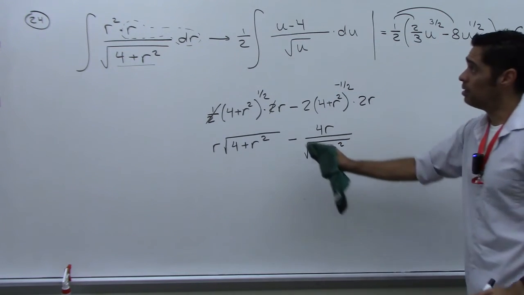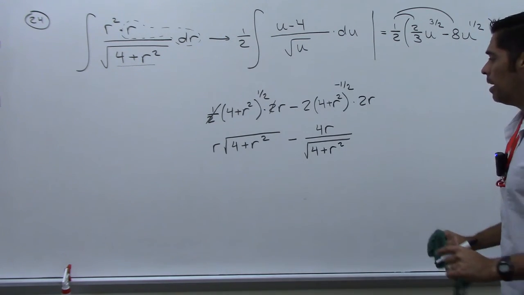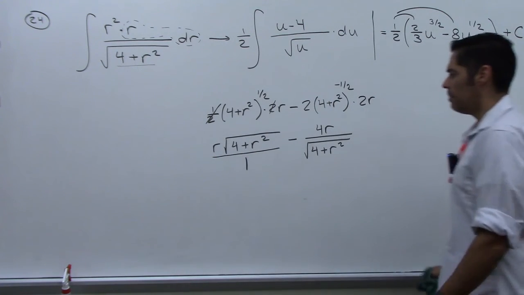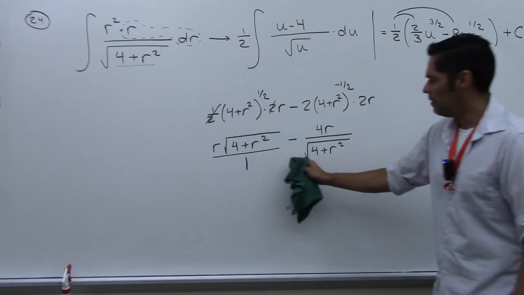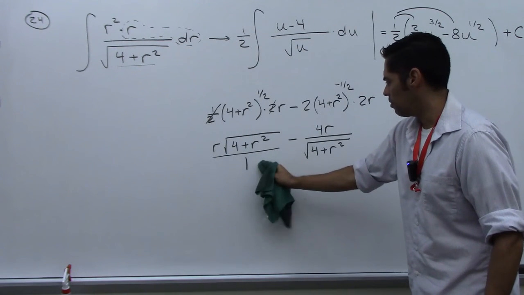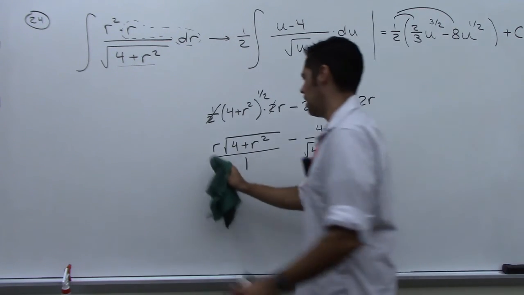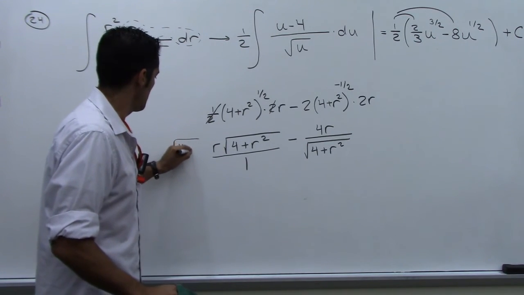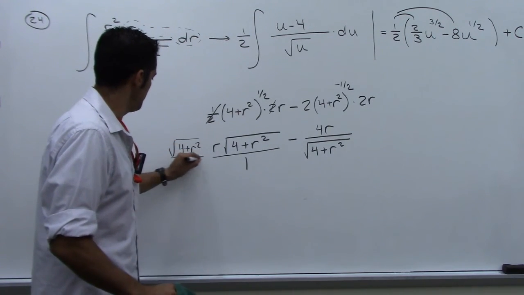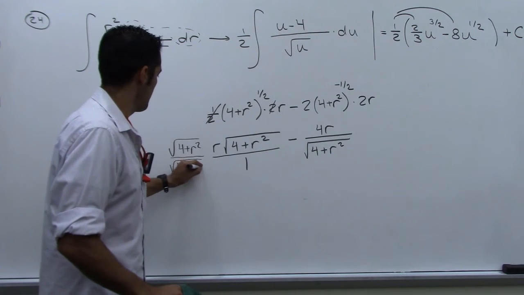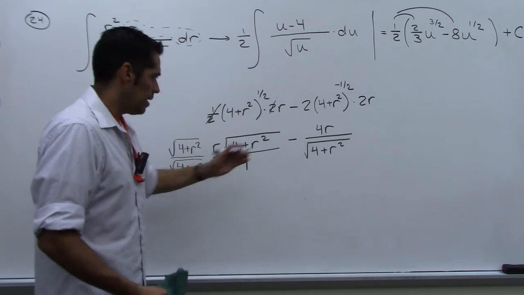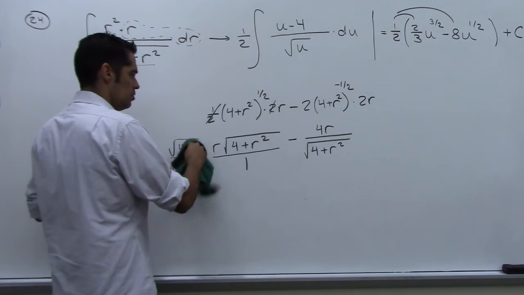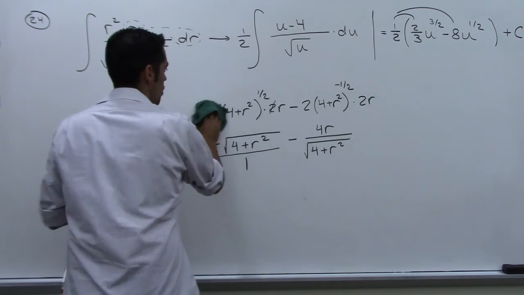Now right now it doesn't look like we have that up there, but these are two fractions, so I can get a common denominator. That means I have to introduce on this fraction a square root of 4 plus r squared on the bottom and the top. This times 1 will get the common denominator, but when I multiply this times this, the two roots go together and basically go away.